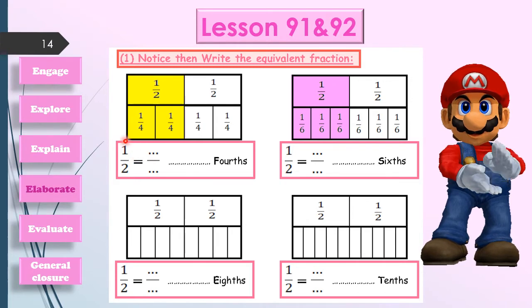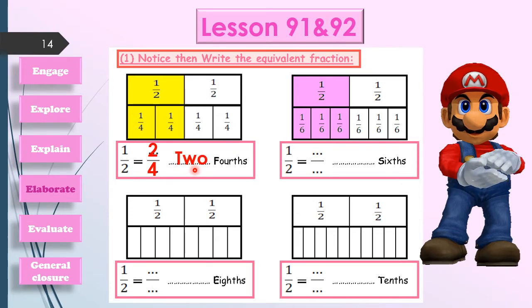Then half equals how many parts? If I write down 4, which is 4 parts, I colored how many parts out of 4 to have a half? Yes, it's just 2 parts out of 4. Then its name is 2 fourths. Then half equals 2 fourths.